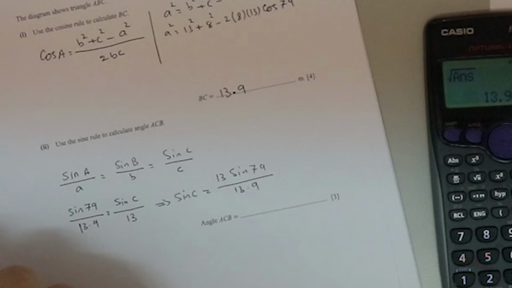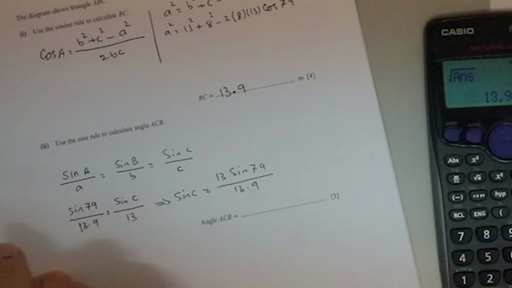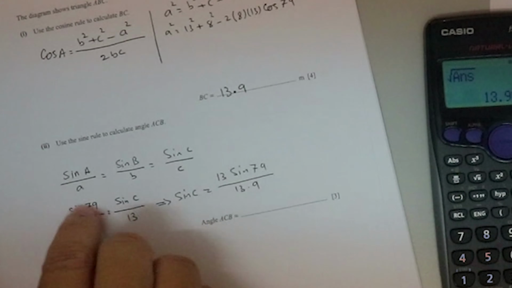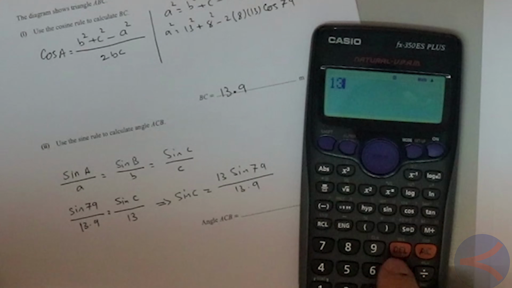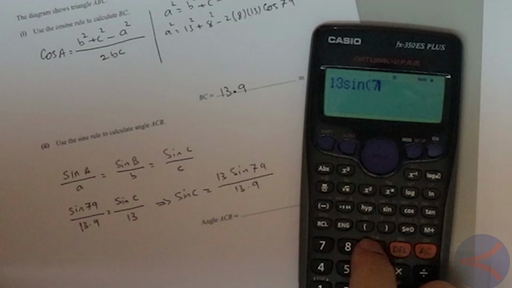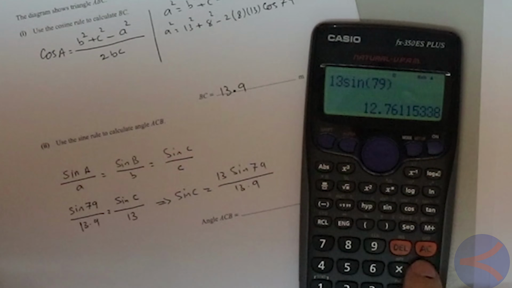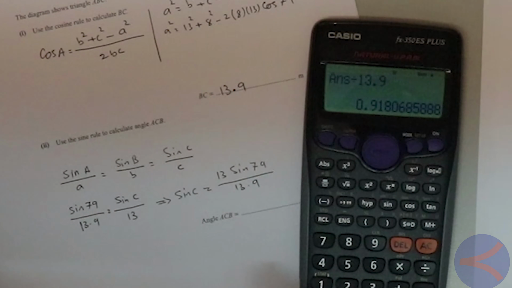I just multiply by 13 on this side because there's an equality, you can cross multiply. Now I'm putting all this in the calculator: 13 sine 79 divided by 13.9. I'm going to get 0.9 something.